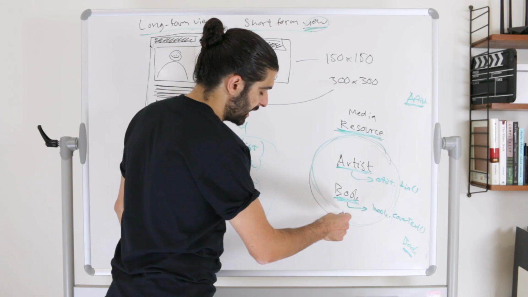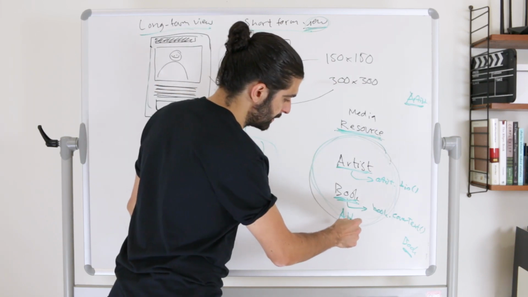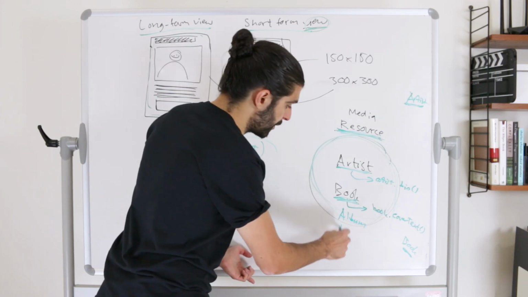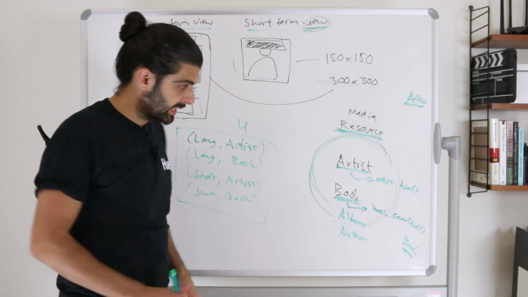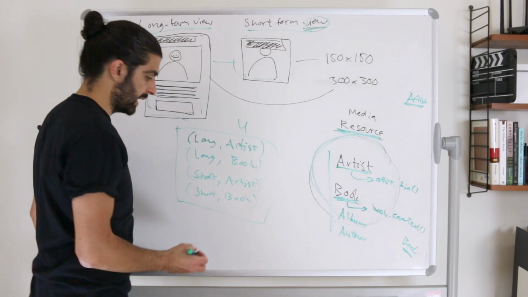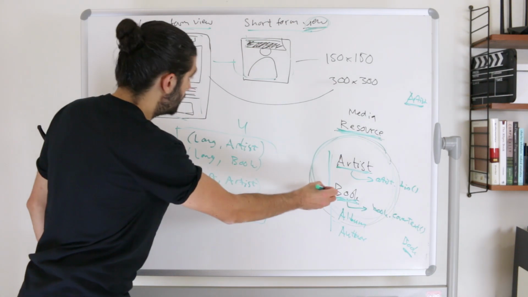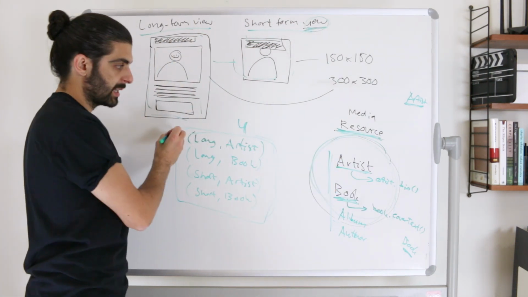if we add another thing here, we have artist and we have book, but what if we also add album? Or, as we talked about before, what if we add author? Then the Cartesian product is now 4 times 2. Previously we had 2 times 2, giving us a total of 4 classes to build.